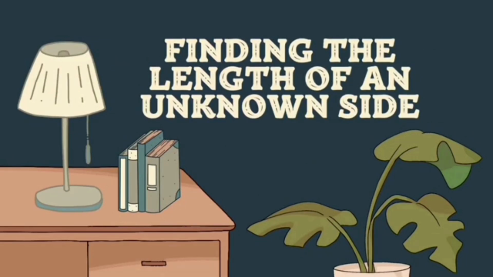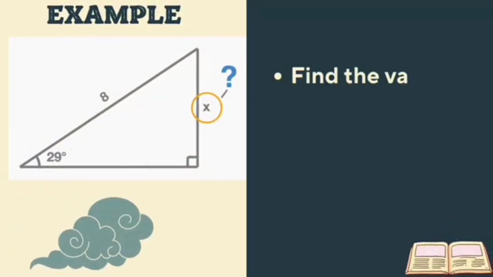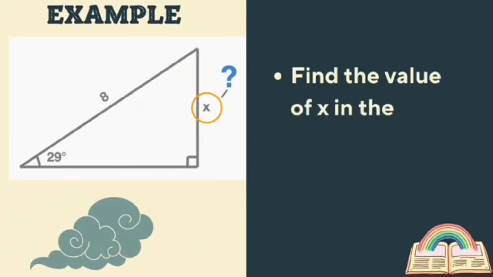Next, let's see an example of how we can find the length of an unknown side of a right-angled triangle. Find the value of x in the right-angled triangle. In this triangle, x is the opposite side facing angle 29 degrees, while 8 is the hypotenuse.